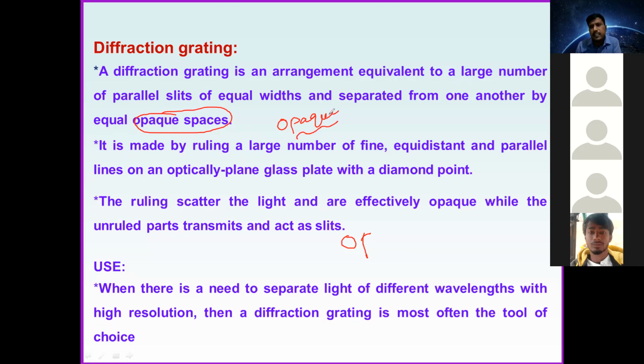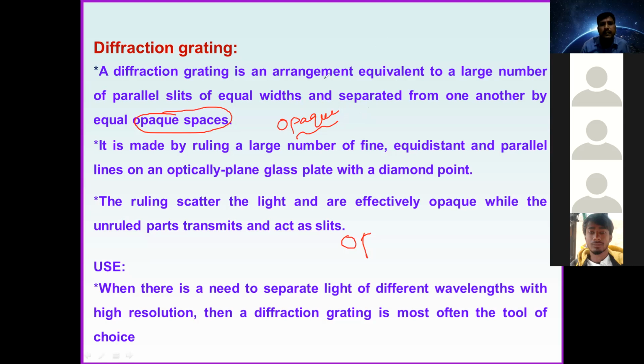We can't see through that. Very good, Pooja. Great. An opaque object is one in which light cannot pass through it. A transparent object is the one where you can see the light. Opaque is the one where you cannot see the light because it's completely blocked.